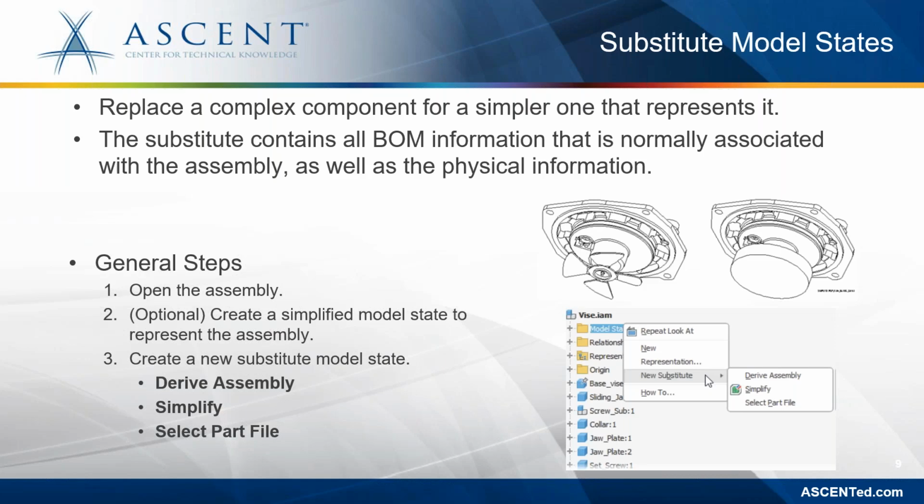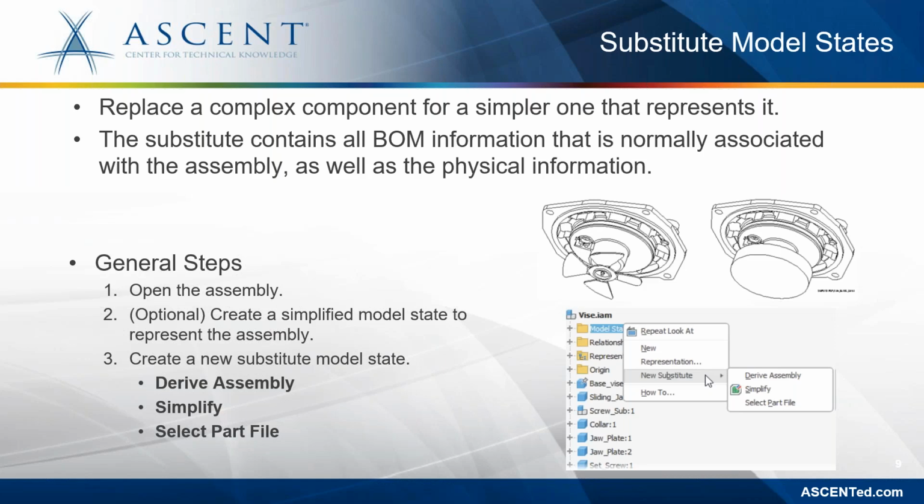Any substitute contains all of the bill of material information that normally would be associated with the assembly, as well as any physical information. So if you're familiar with the shrink wrap functionality, back in 2021 they leveraged that functionality, which is now actually named Simplify.